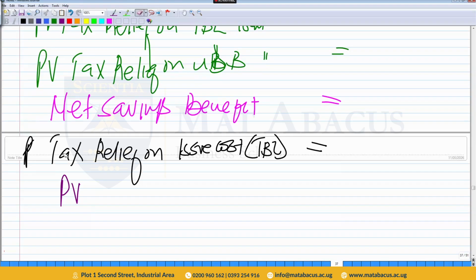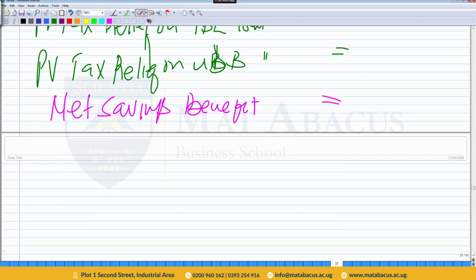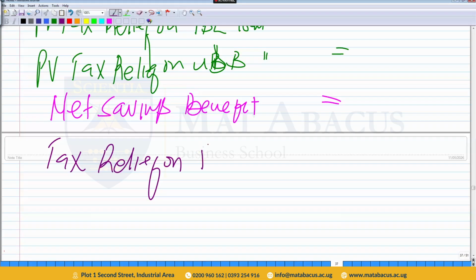Slight mistake here, let me rub off here. Here you bring the tax relief on TBL loan because it was in year 0.